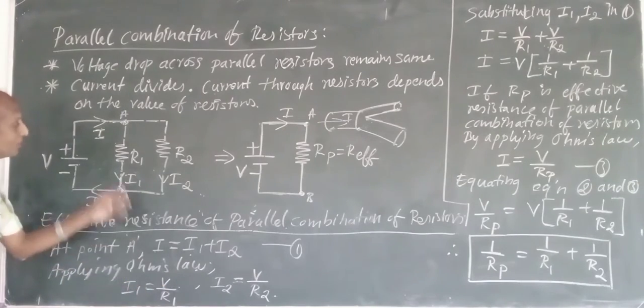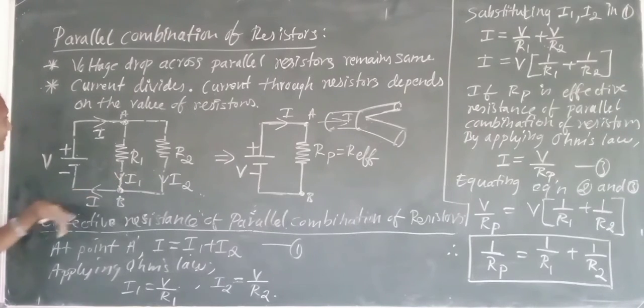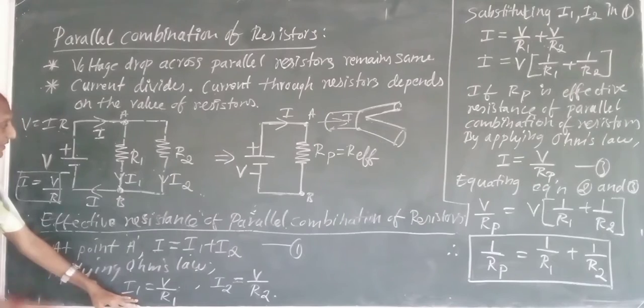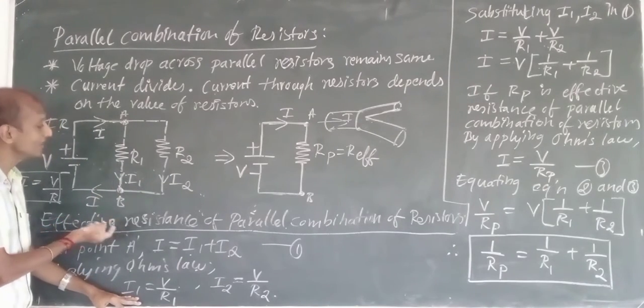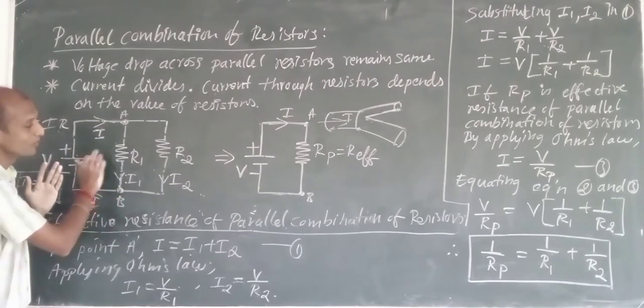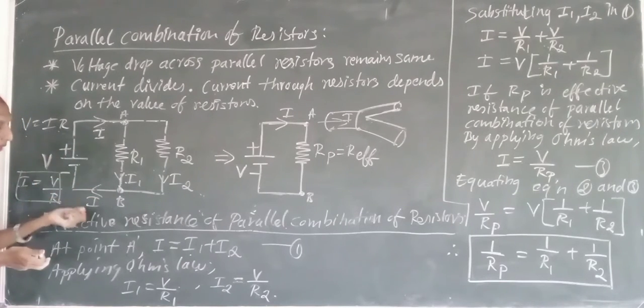We know that Ohm's law is V equals I into R. So for current, I can write I equals V divided by R. If I write for I1, the voltage drop across the combination will be V volts. Both will have V volts of voltage across them. So how can I write it?